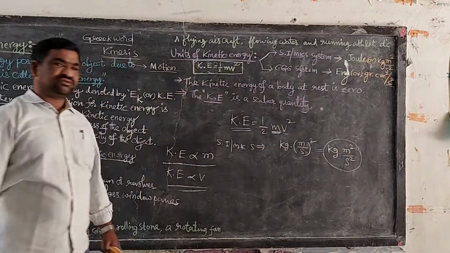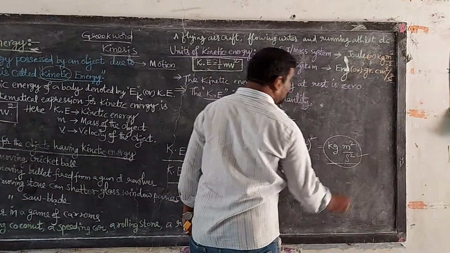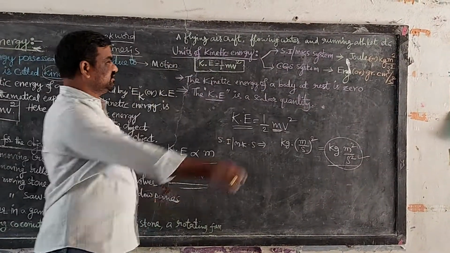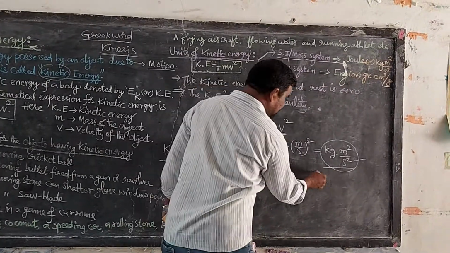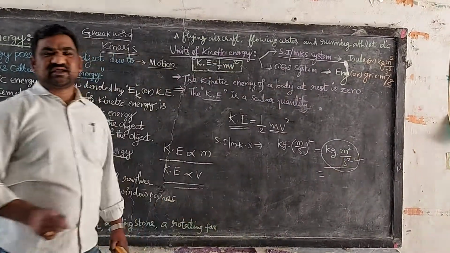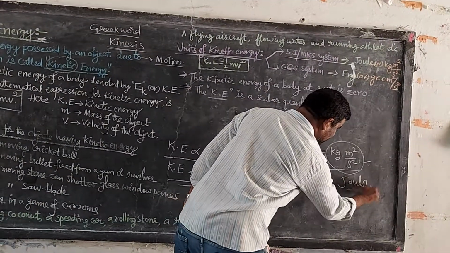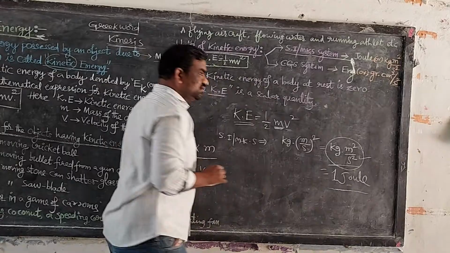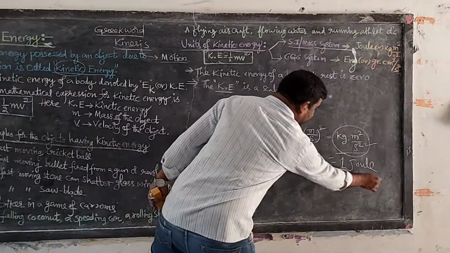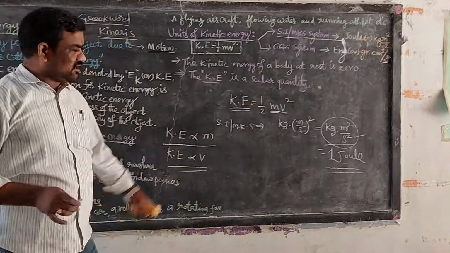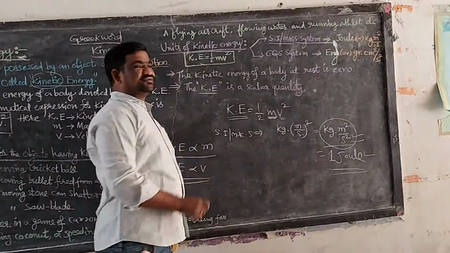So kg into meter square by second square is another unit of kinetic energy in the SI or MKS system. So this kg into meter square by second square is also equal to 1 joule.